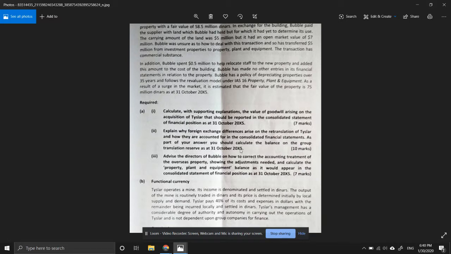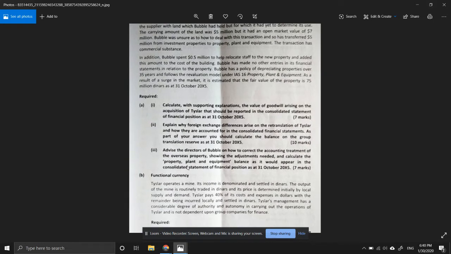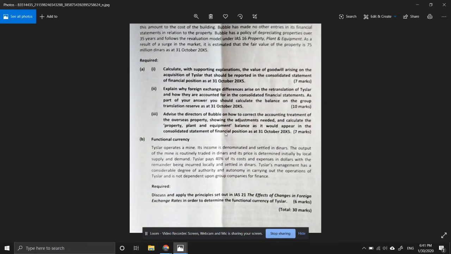As part of your answer, you should calculate the balance on the group translation reserve as at 31st October 20x5. So there will be net assets and goodwill translation reserves as well. Then advise the director of Bubble how to correct the accounting treatment of the overseas property, showing the adjustment needed, and calculate the PPE balance as it would appear in the consolidated statement of financial position.